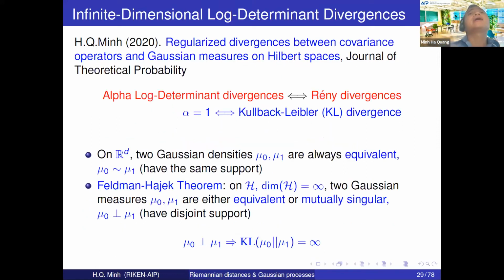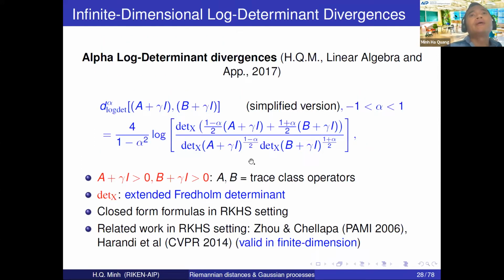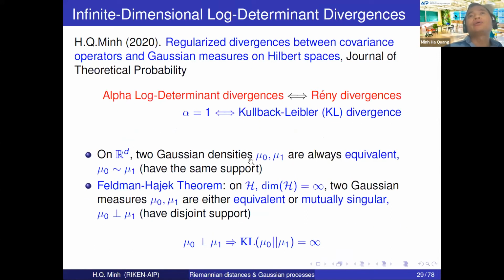We can show how it is actually related to the Rényi divergence and the Kullback-Leibler divergence, the exact Rényi divergence and KL divergence, of Gaussian measures on the Hilbert space.